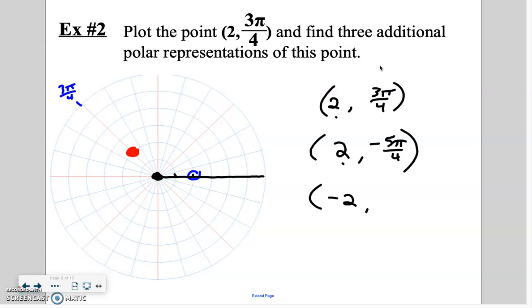So what do you think we're going to reflect over? We're going to reflect over the pole. As weird as that sounds, that's how we technically are doing a negative. We still went to the right 2, but since it was negative, that's when we reflected it back over the pole or the origin.